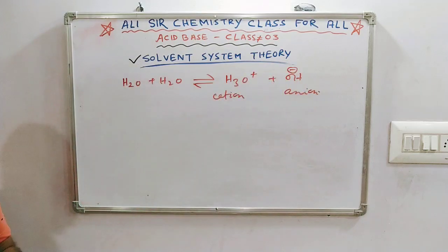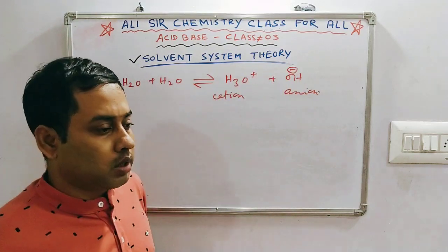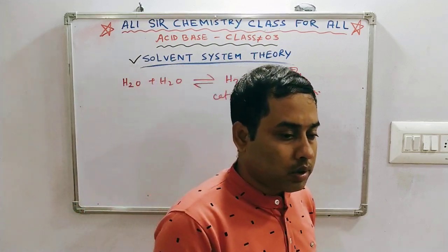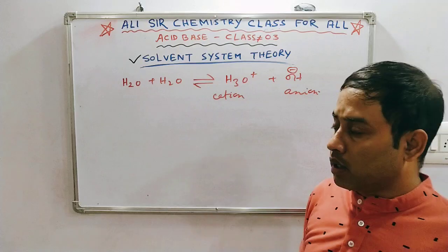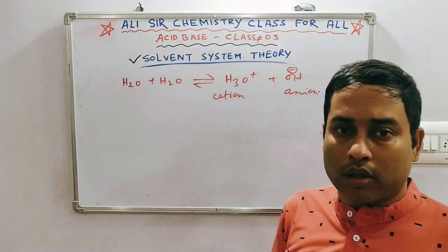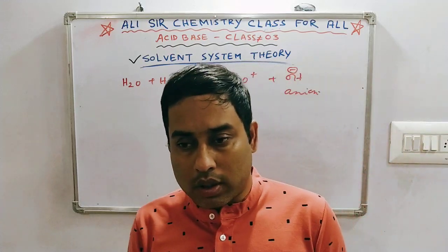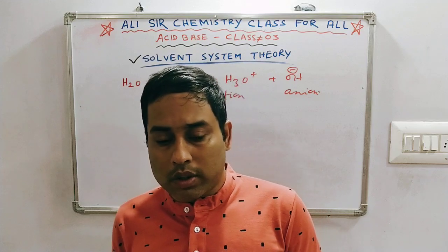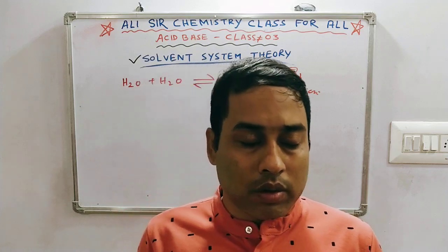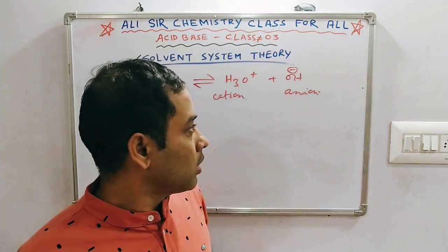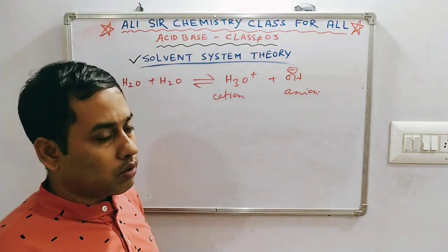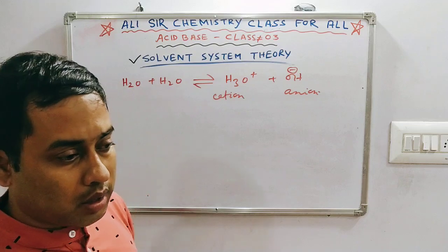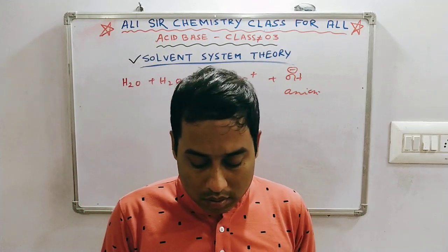So any compound which will dissociate directly or in aqueous solution to increase the H3O plus ion concentration will be acidic in water, and the compound which will dissociate itself or in aqueous solution to increase the anionic part will be the base in water solvent.